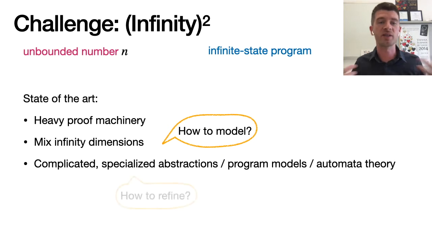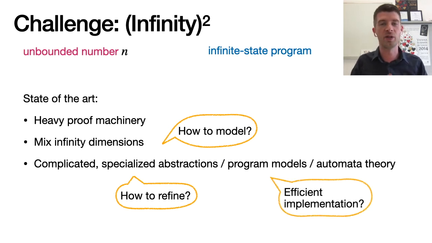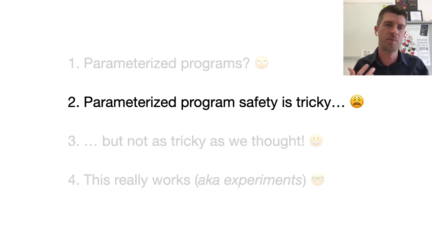If you have specialized abstractions, how do we refine them? How do we find good heuristics for refining them? And then overall, how do we do efficient implementation of these novel techniques? All of this makes verifying safety for parameterized programs really tricky.